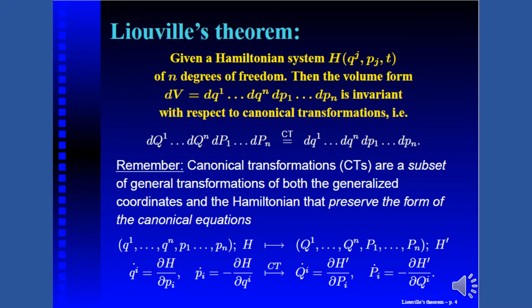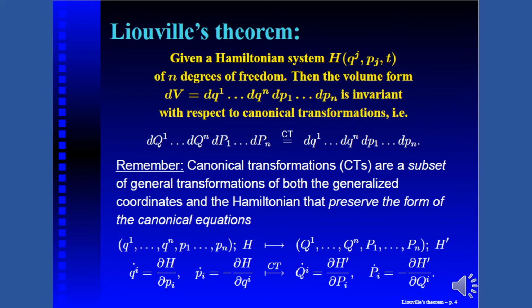So dq1 ... dqn dp1 ... dpn for the new coordinate system equals that of the old, under canonical transformation from the old coordinates to the new. Remember that the canonical transformations are a subset of general transformations of both the generalized coordinates and the Hamiltonian that preserves the form of the canonical equations.